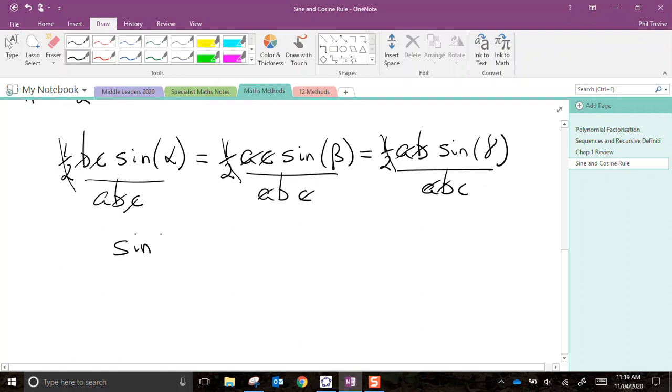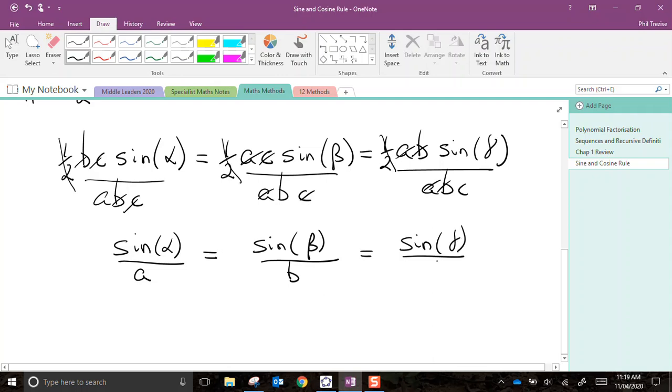The sine of angle alpha divided by side a equals the sine of angle beta divided by side b equals the sine of angle gamma divided by side c.